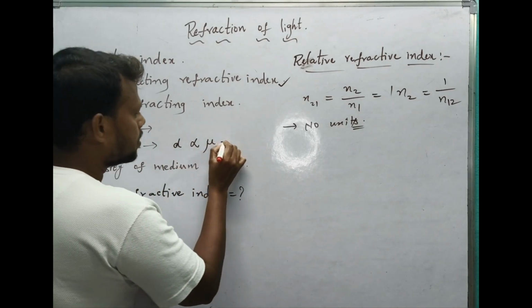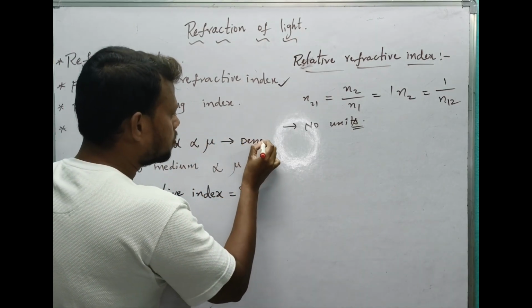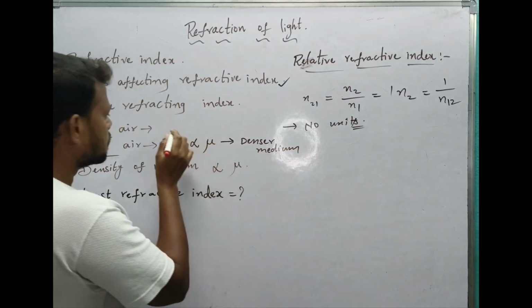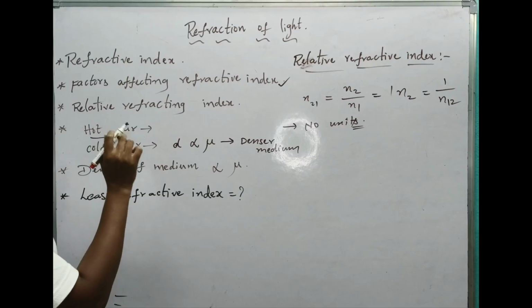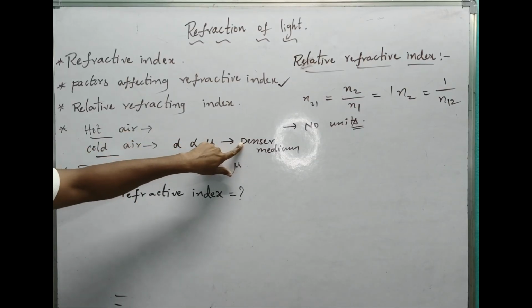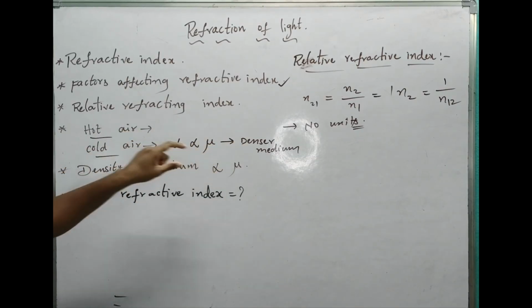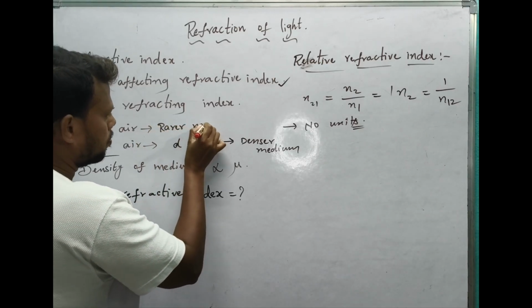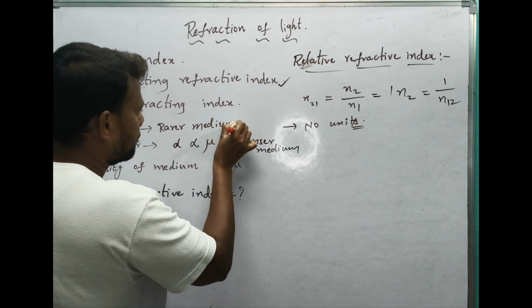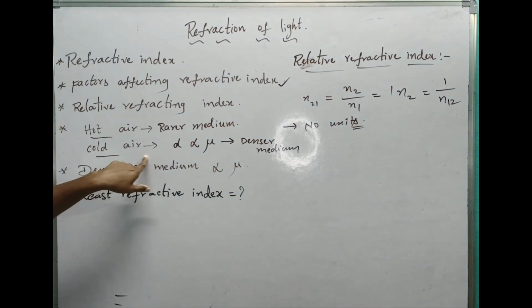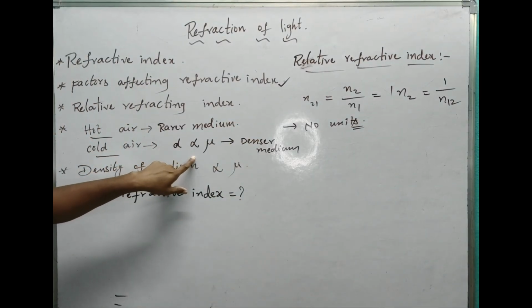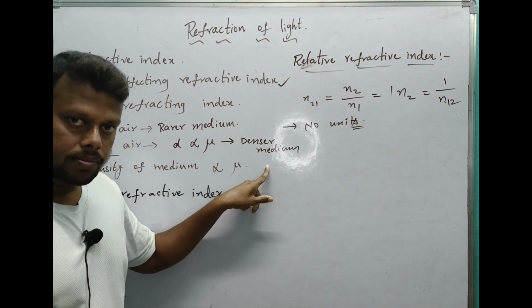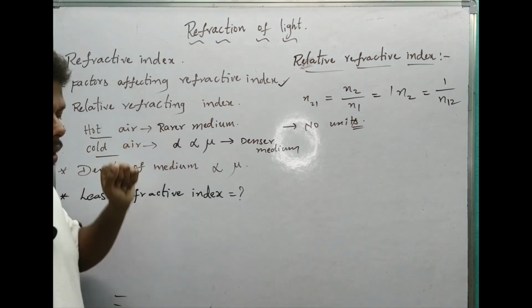So cold air is a denser medium. Hot air is a rarer medium.